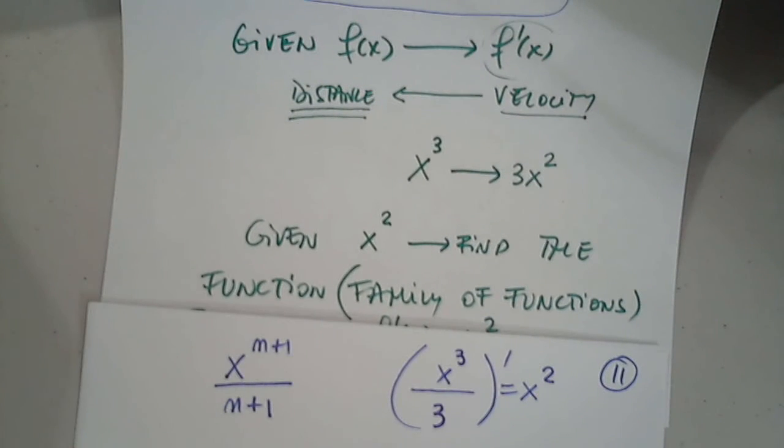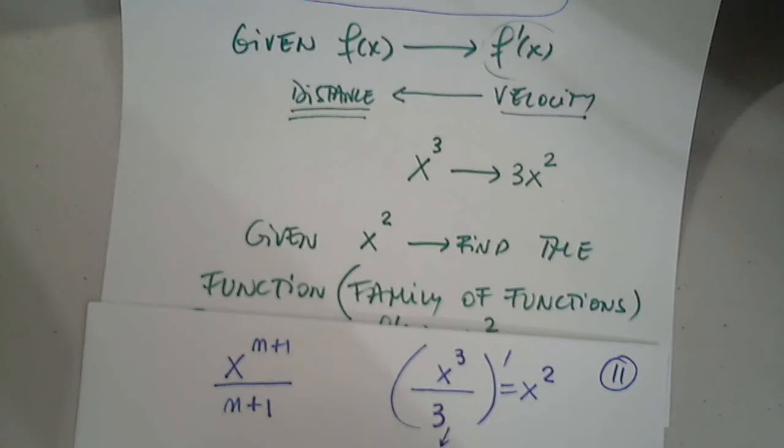It's guaranteed that x cubed over 3, prime, is x squared. How do I know? Bring down 3, simplifies, subtract 1 from the power, and I get x squared. So the derivative here will be 3x squared divided by 3, which is x squared.